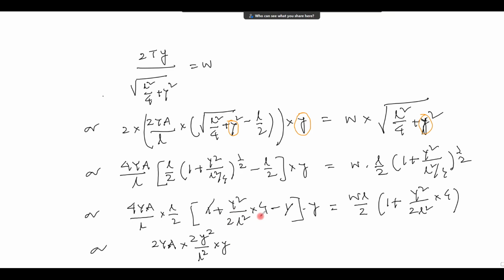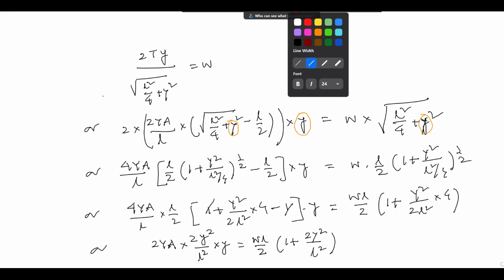Is it okay? Check. 2y square by L square into y. L cancel, 2y. Okay, this is equal to W L by 2 into 1 plus, 2 2s are 4, 2y square by L square.